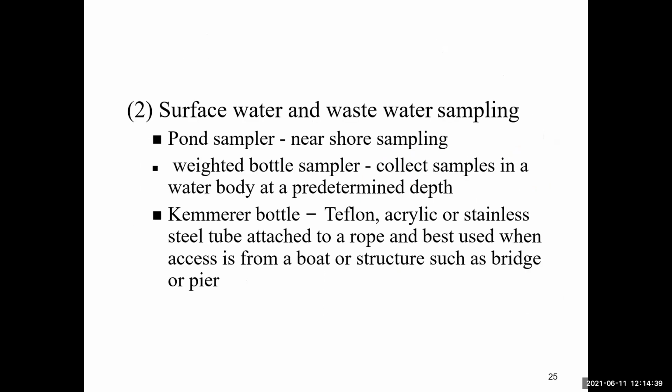For surface water and wastewater source sampling: the pond sampler for near shore sampling, and the weighted bottle sampler, which collects samples in a water body at a predetermined depth. The camera bottle, of Teflon, acrylic, and a stainless steel tube, is best used when access is from a boat or a structure such as a bridge or pier.